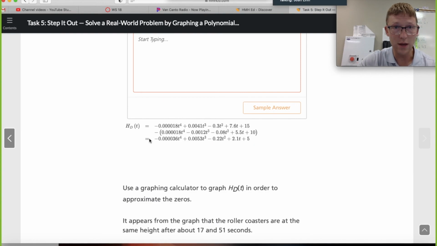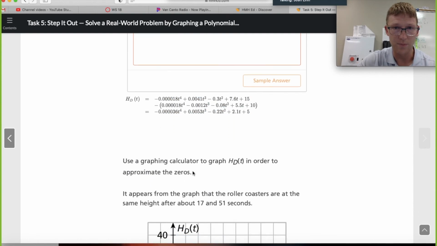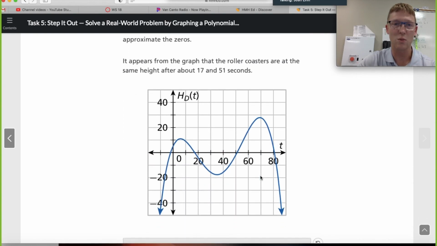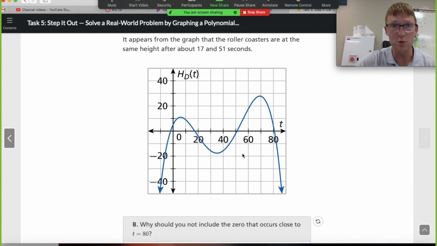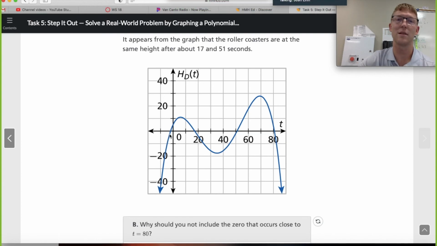So now we can put this into a graphing calculator. So we do that, and we're going to get something that looks like this. So from here, we have to interpret this, right? Every time this line crosses the x-axis, that is a 0 of our function. And that means that is when their heights are equal. So this one right here doesn't make sense. We can't have a negative time.